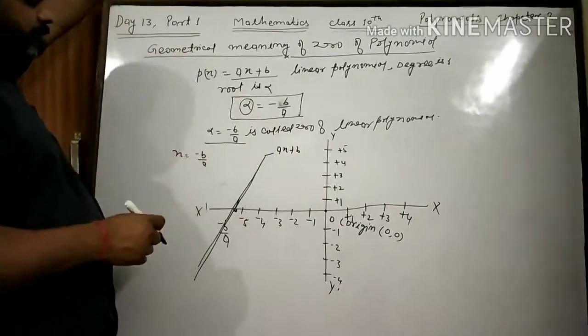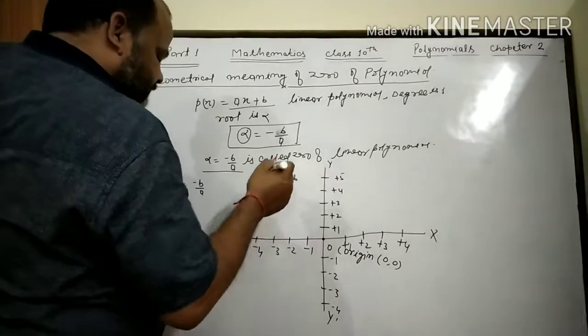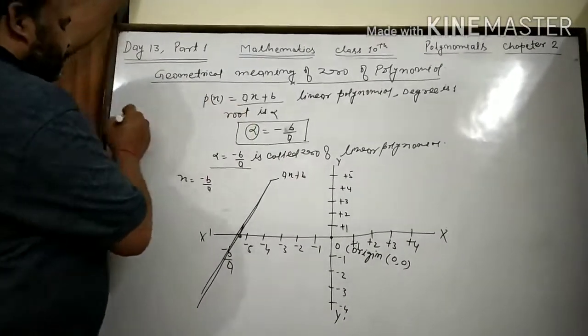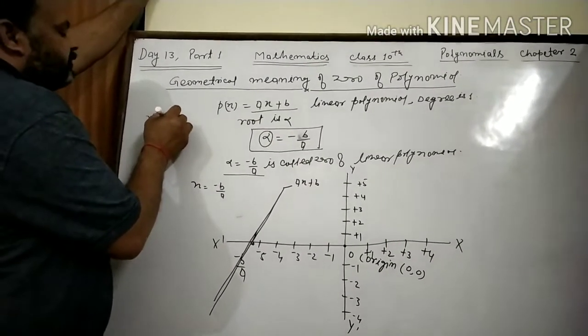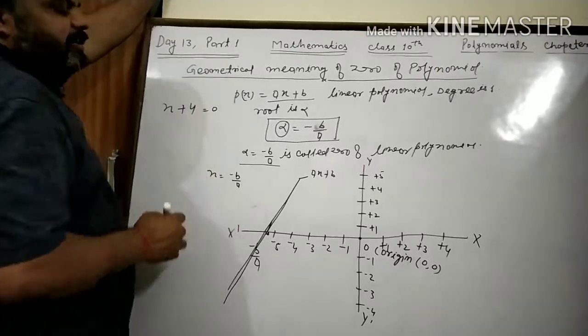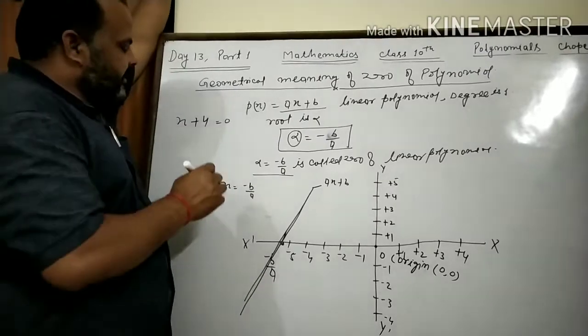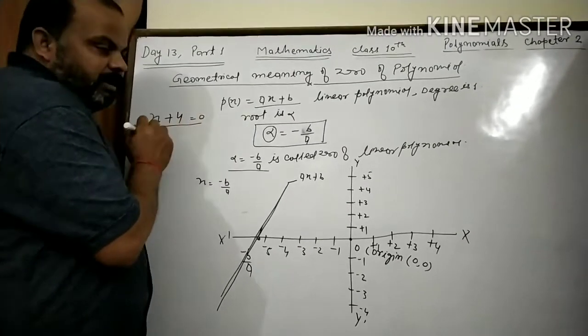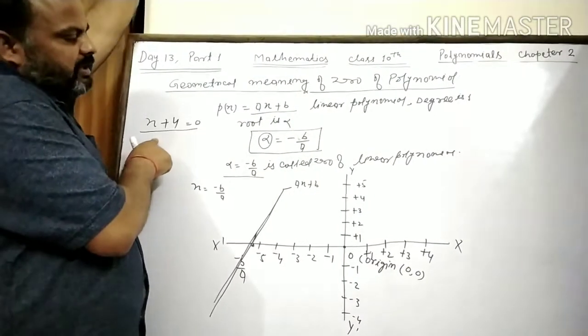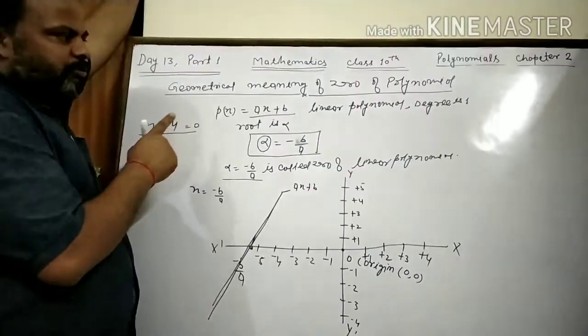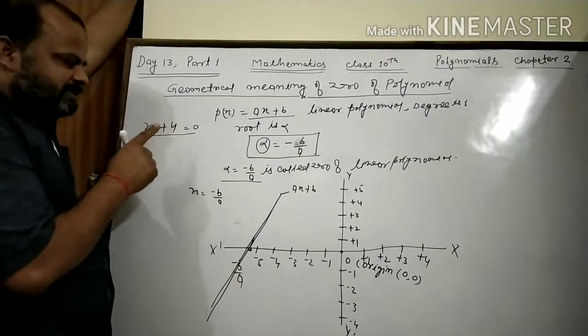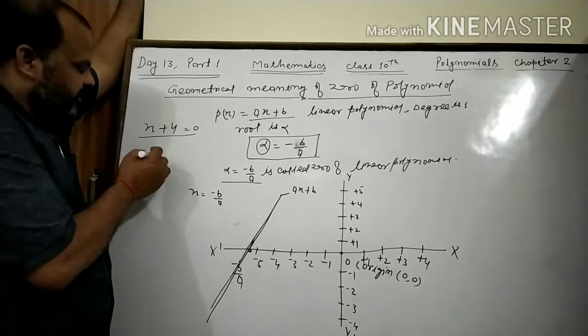Suppose x plus 4 is a linear equation of one variable, and you want the geometrical representation or geometrical meaning of its zero. First of all you can find the zero of this polynomial.